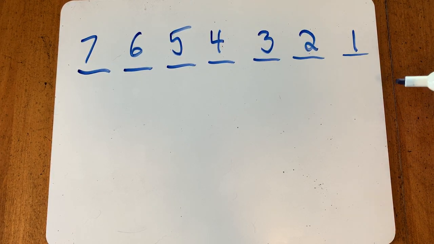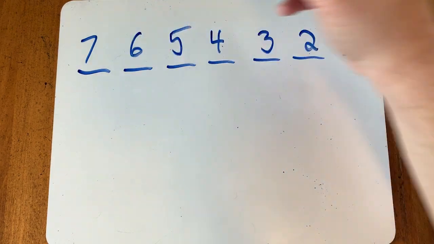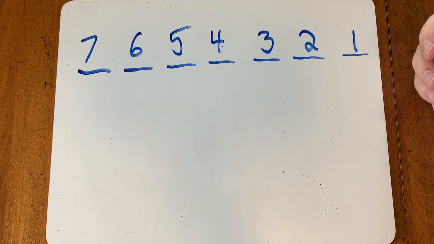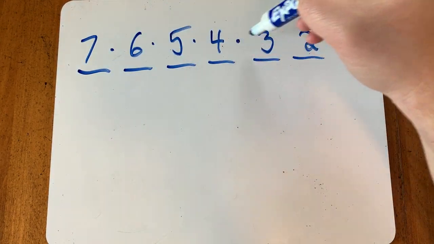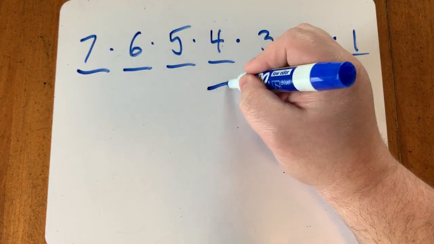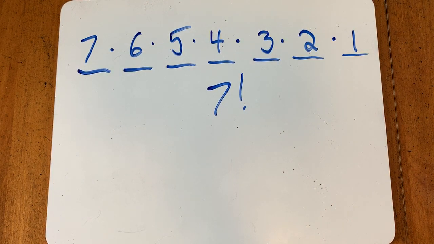So, if you're looking for the number of orders of 7 people, it's 7 times 6 times 5 times 4 times 3 times 2 times 1, or 7 factorial.